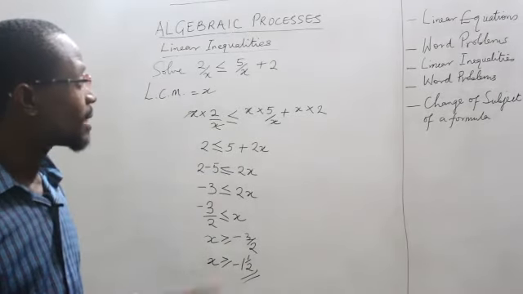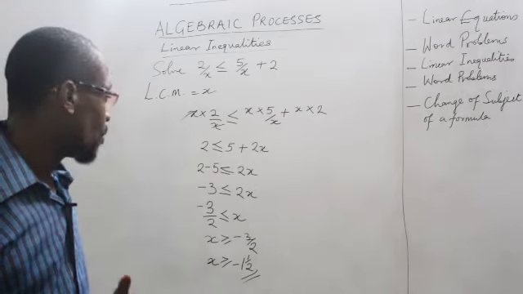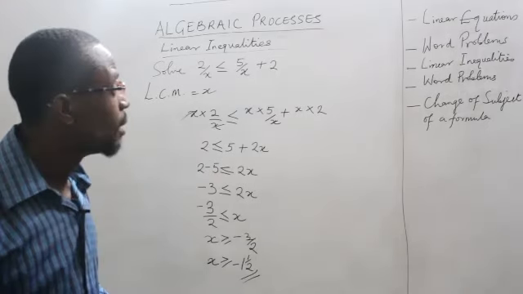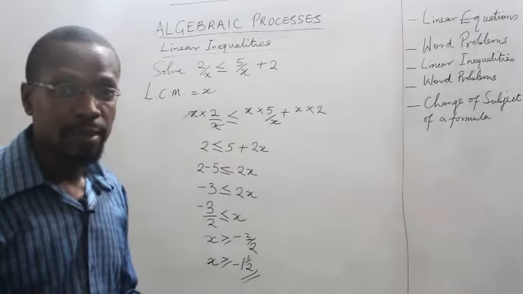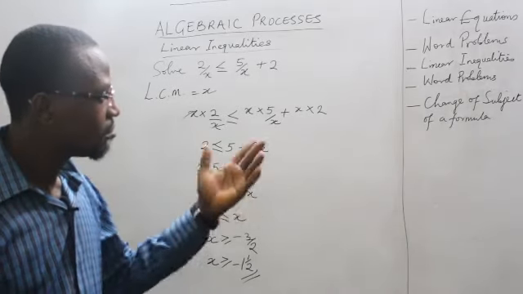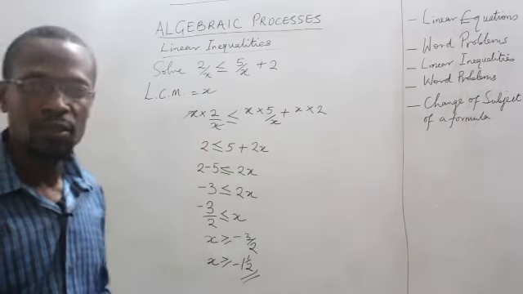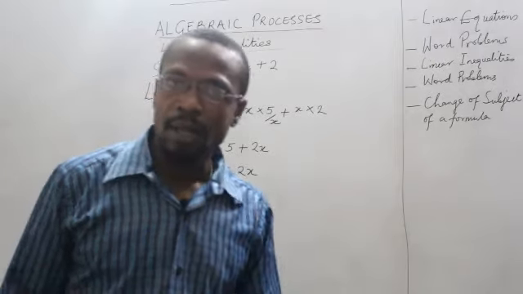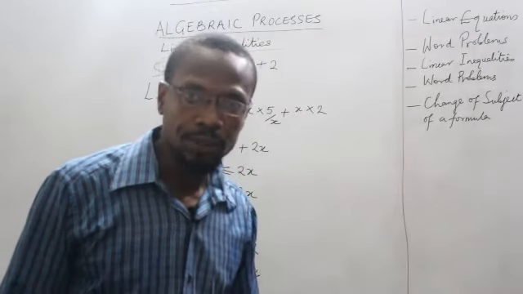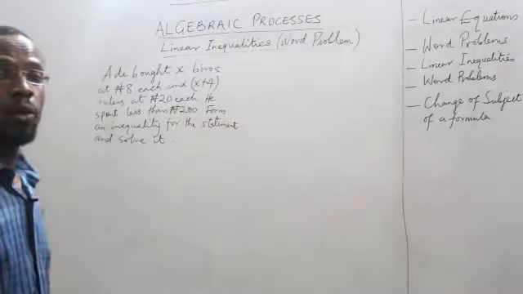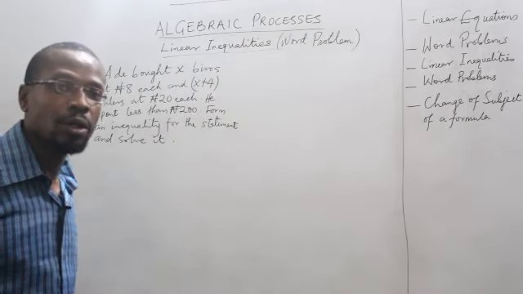So we will look at a problem involving linear inequality and then solve something on the change of subject of formula and bring this class to a close. Now a question stares at us on the board.